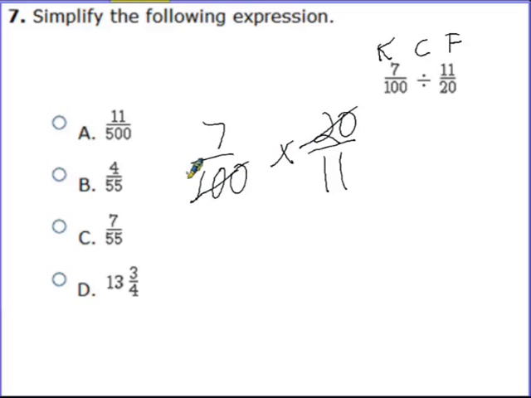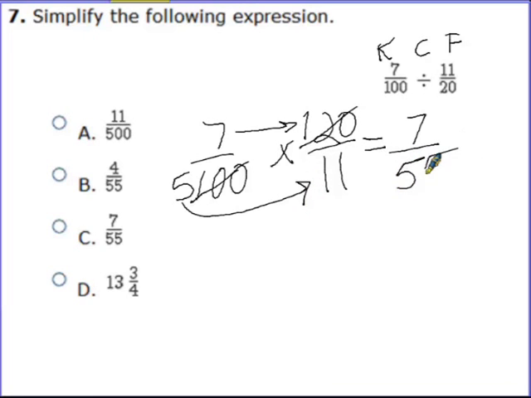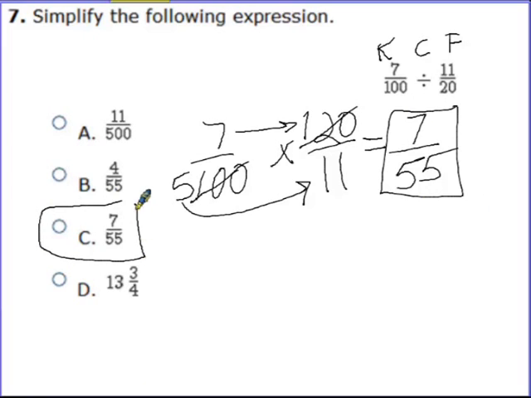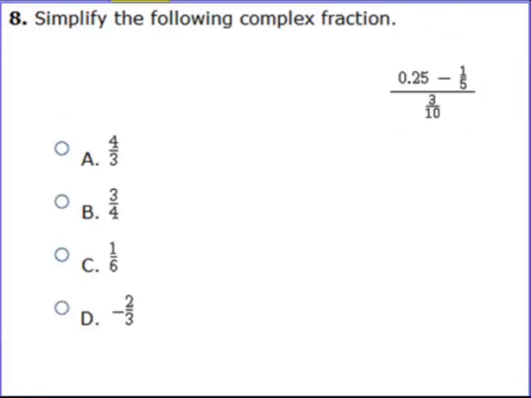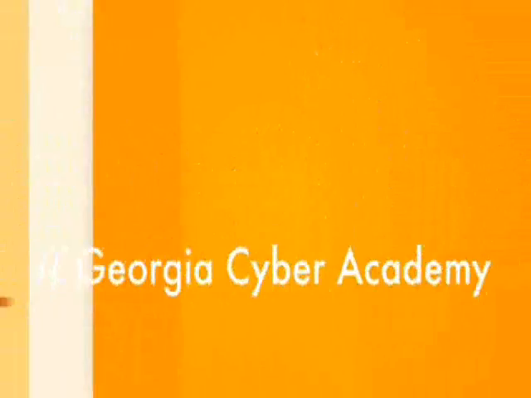So 20 goes into 100 5 times, and 20 goes into 20 1 time. So now my answer, I can multiply straight across. 7 times 1 makes 7. 5 times the 11 over here makes 55, and 7 over 55 is our answer there. We cannot simplify it anymore because that 7 is a prime number.